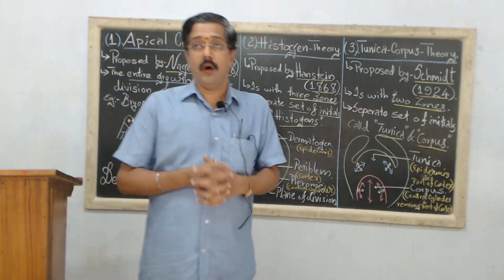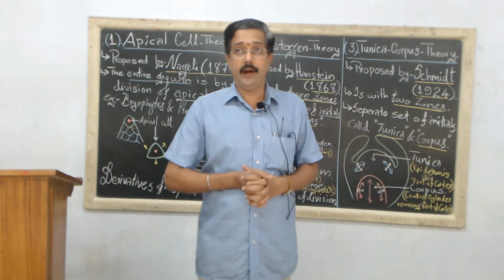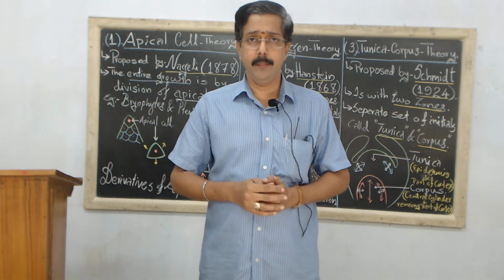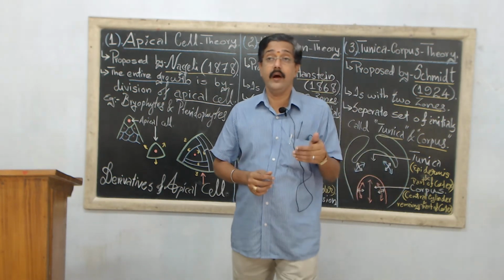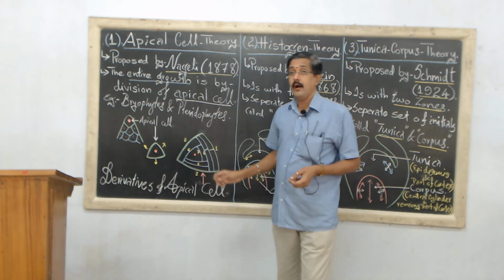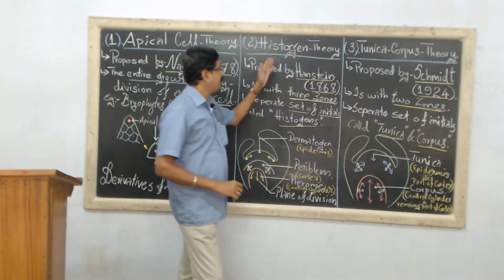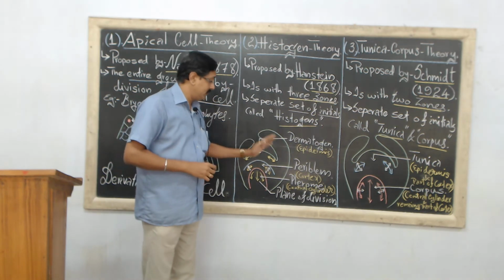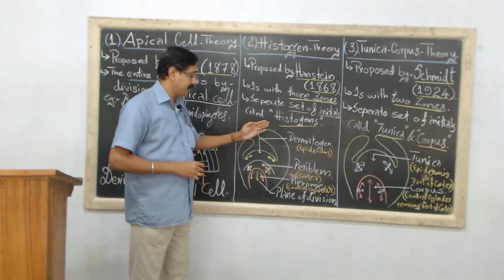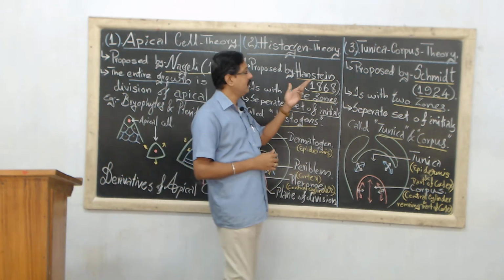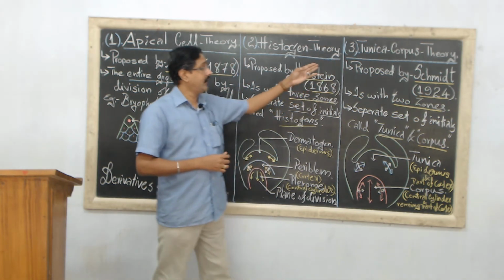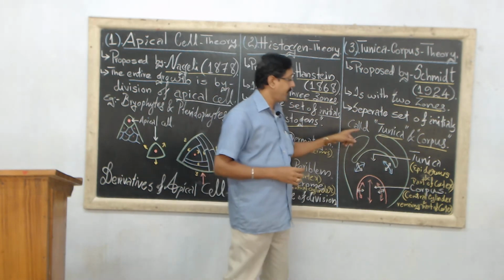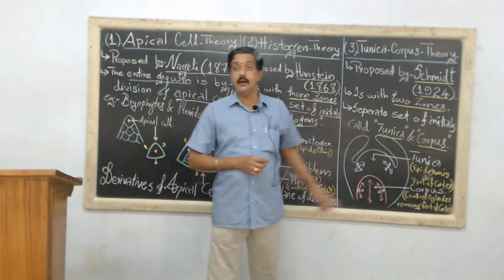So, according to the organization of shoot apex in plants, it is either from a single cell which shows subsequent multiplication into seven layers of initials, as in the apical cell theory proposed by Nageli; or, in the histogen theory, only three layers, named dermatogen, periblem and plerome, concerned with the formation of epidermis, cortex and central cylinder; or, in the tunica corpus theory proposed by Schmidt, only two initials, tunica and corpus, concerned with the formation of the dermal system.